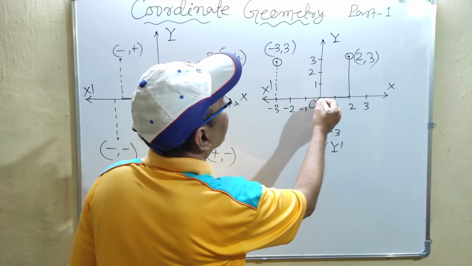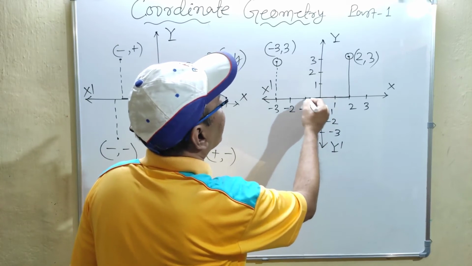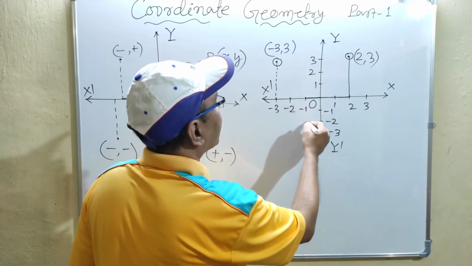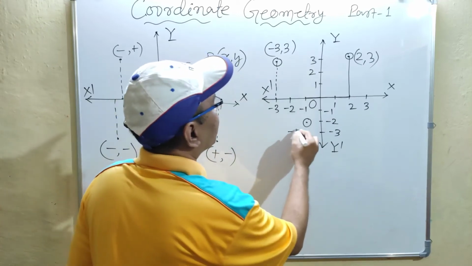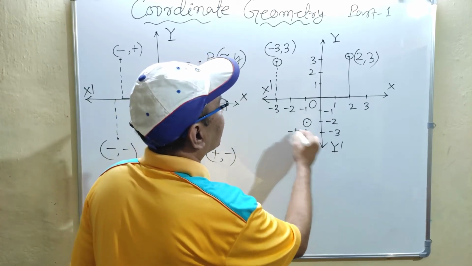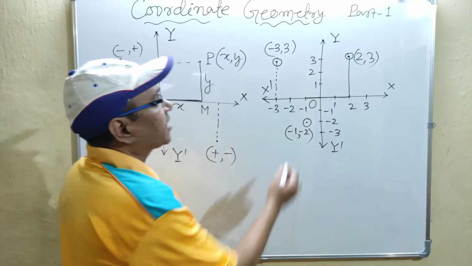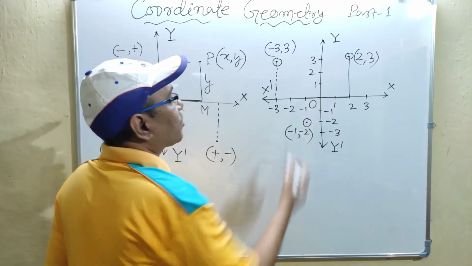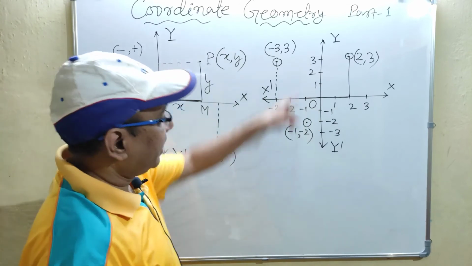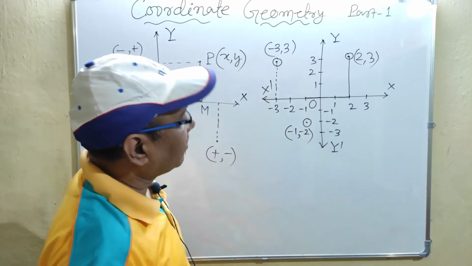If suppose any point is at a distance minus 1 towards x-axis and minus 2 towards y-axis, this point will be written as (-1, -2). Means this is a point whose x coordinate is -1, distance towards x-axis is -1, and distance towards y-axis is -2.